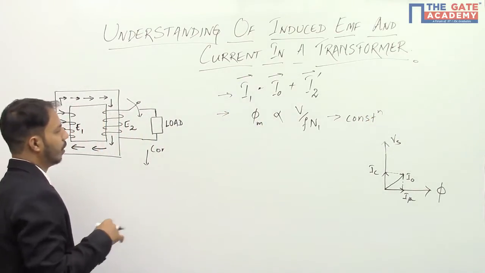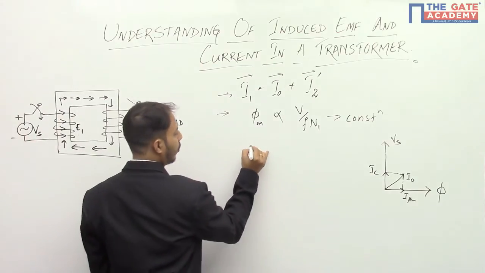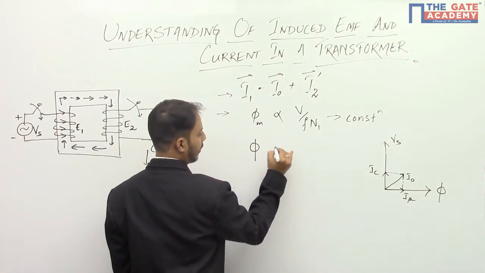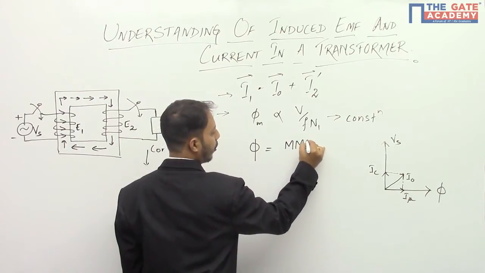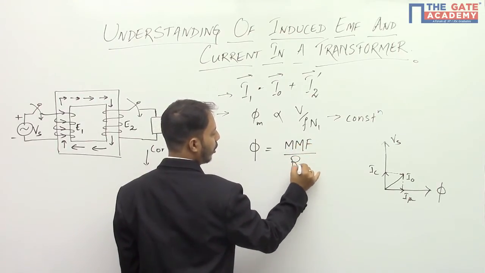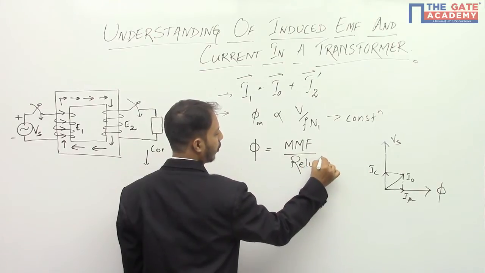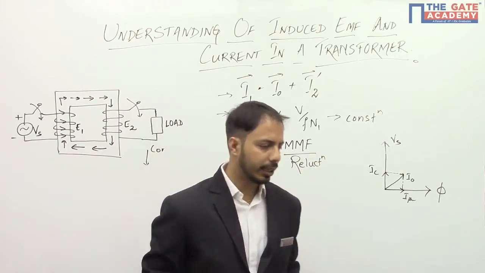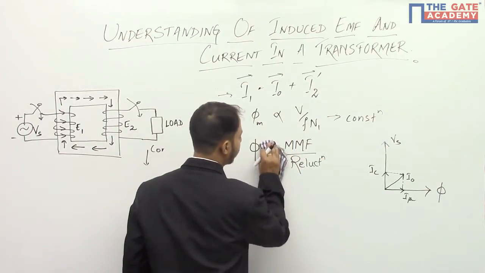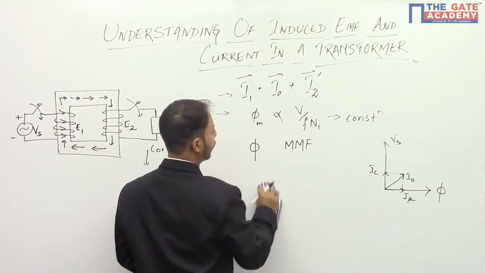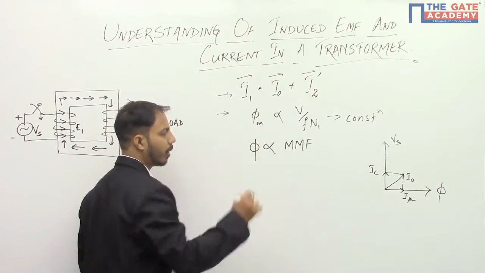Now, we know that flux is equal to MMF by reluctance. Or in other words, if the reluctance is constant, flux is proportional to MMF.